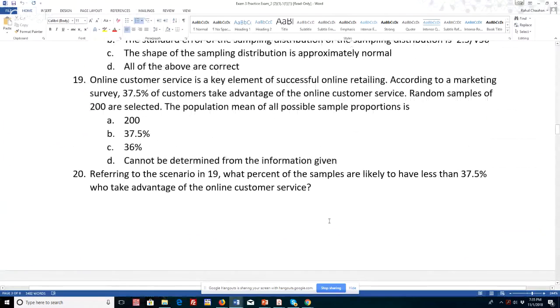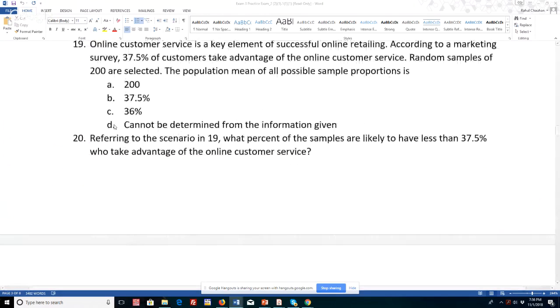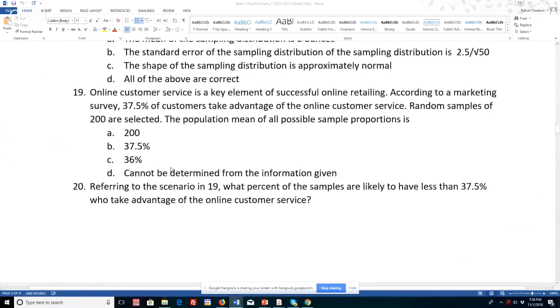Okay, referring to the scenario in 19, what percent of the samples are likely to have less than 37.5% who take advantage of online customer service? Okay, so going back up to 19.